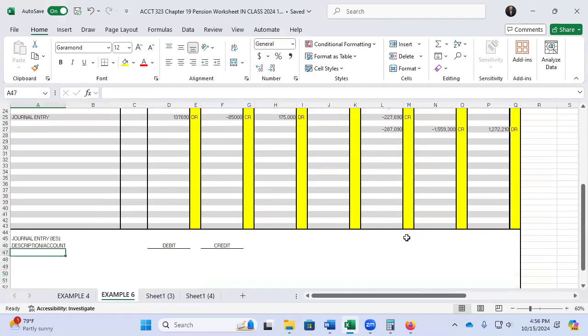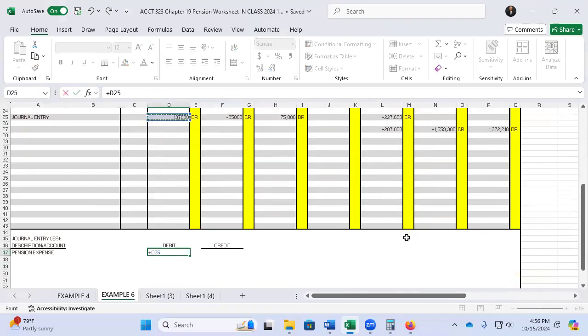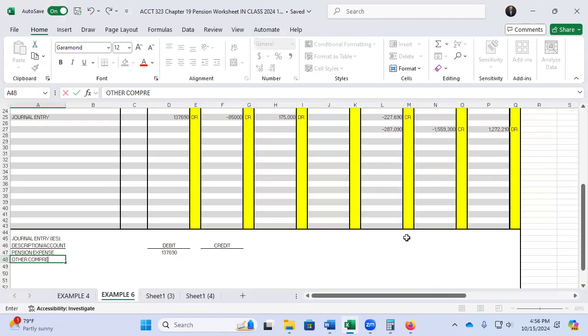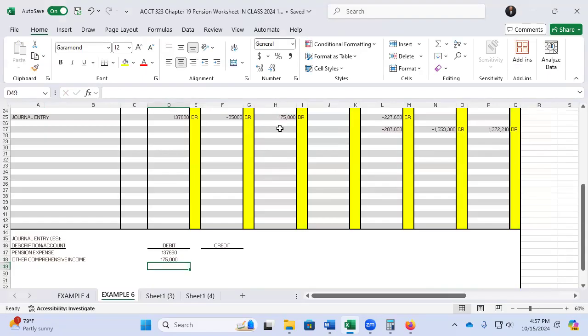And so now we're going to go ahead and create our entry. And so we have pension expense, 137,690. I want to get the debits here together. Other comprehensive income, and that's 175,000.